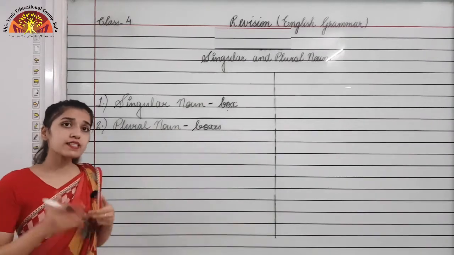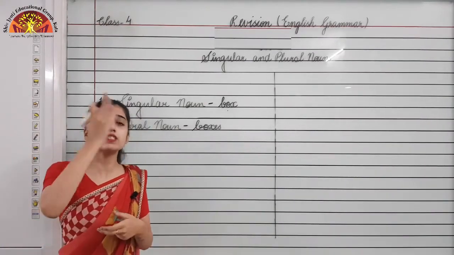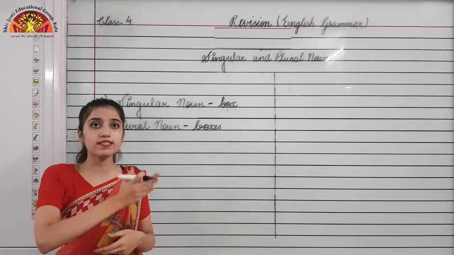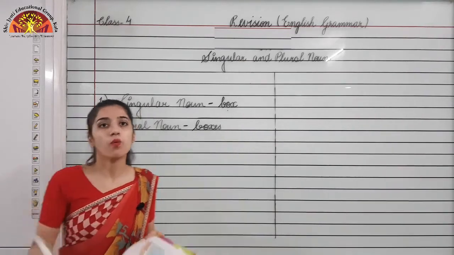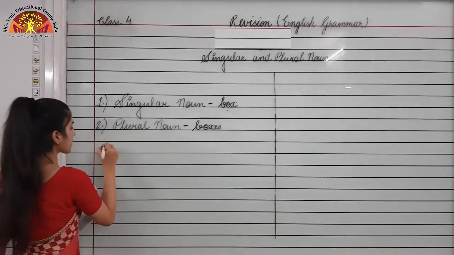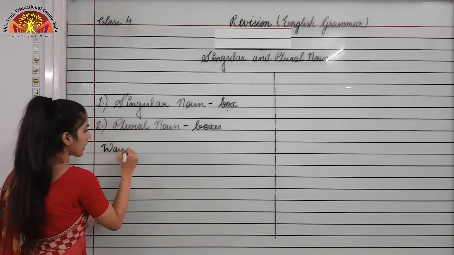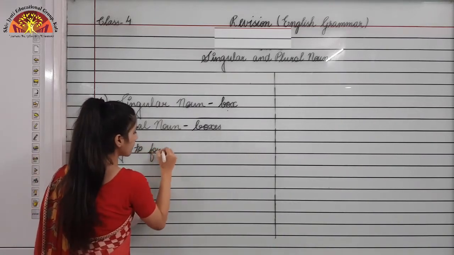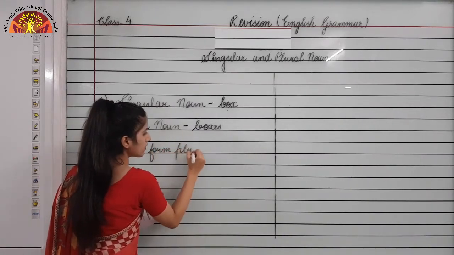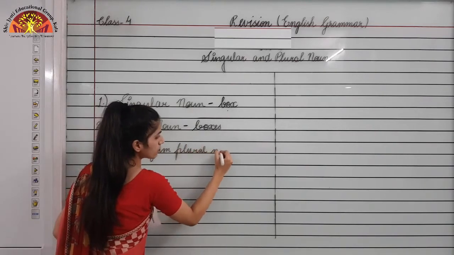Now there are some ways to change this singular to its plural form. So what are these ways? Let's see the first way, that is ways to form plural noun.